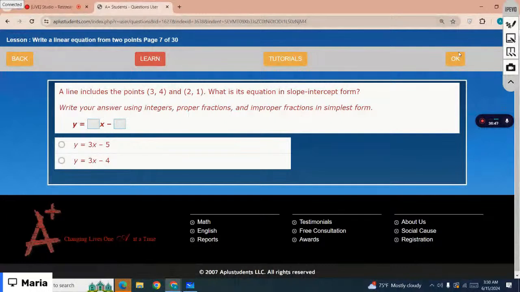It is equation number 1. Y equals 3x minus 5 is the correct option. Got it? The correct option is equation number 1, y equals 3x minus 5.